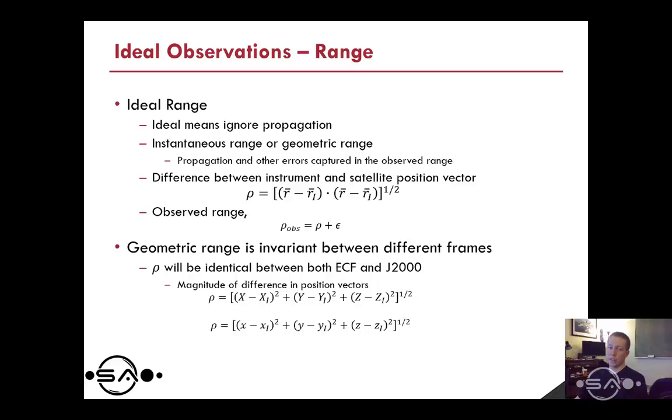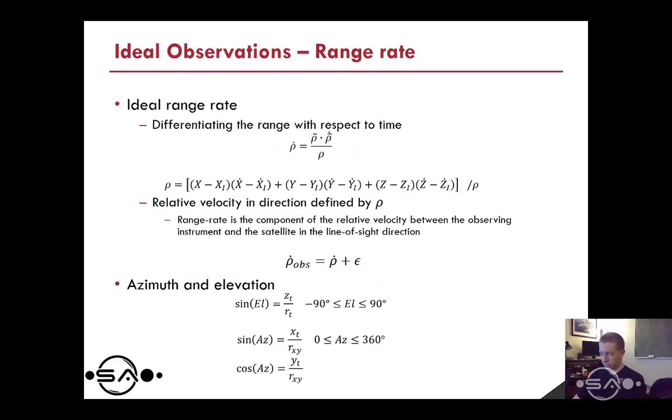Well, we include those errors in, as you see, our observed range is just going to be our geometric range plus some error, right? Same thing with range rate. Range rate, remember, is the relative velocity in the direction of the range, and so it's the error, because we're doing this instantaneously, and the propagation is included in our error.